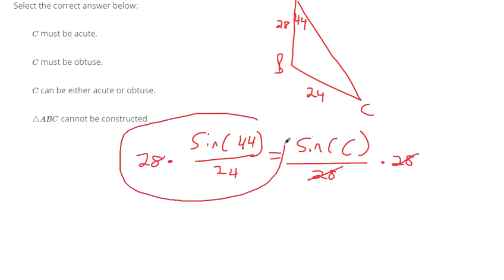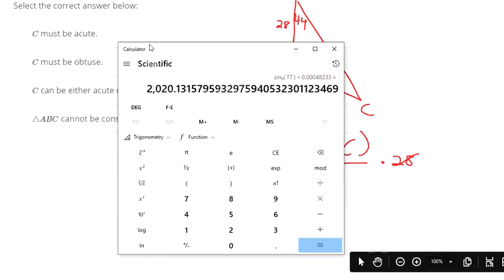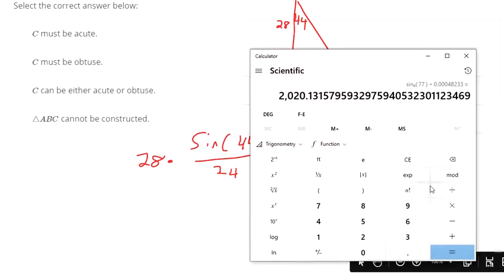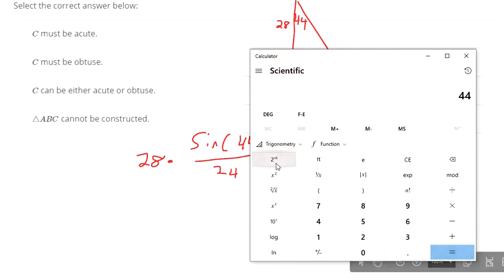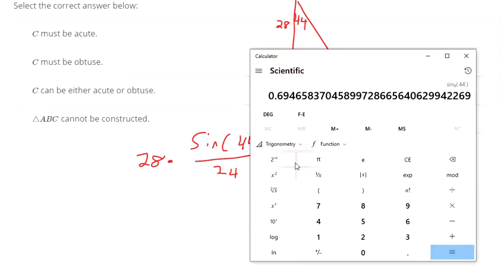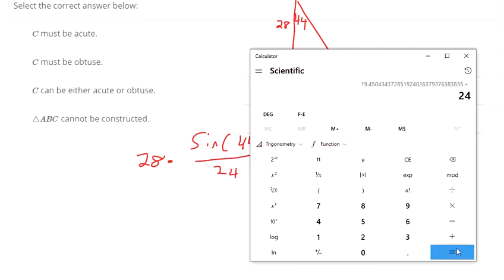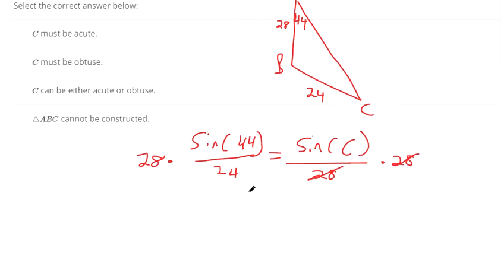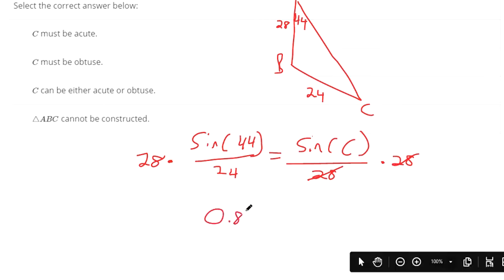So this is what we really type in our calculator: 44 sine, multiply by 28, and then divide by 24. So we got 0.81. So that's possible, unlike the last question we saw.